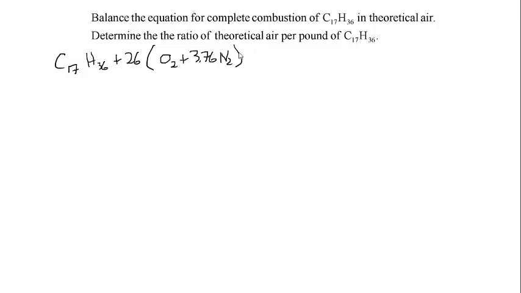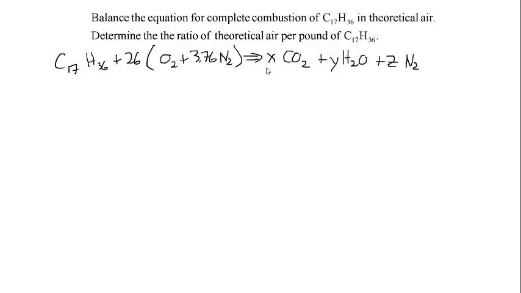reacting in air yields a certain amount of CO2, a certain amount of water, and a certain amount of nitrogen. You can go ahead and do a balance of this. For example, I have 26 times 2, so that gives me 52 total oxygens.